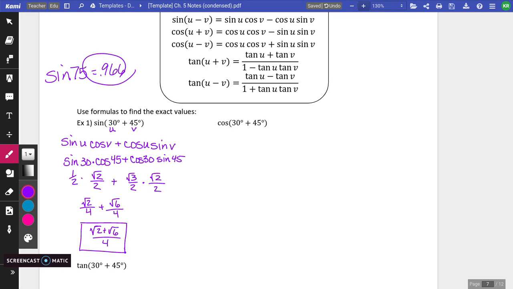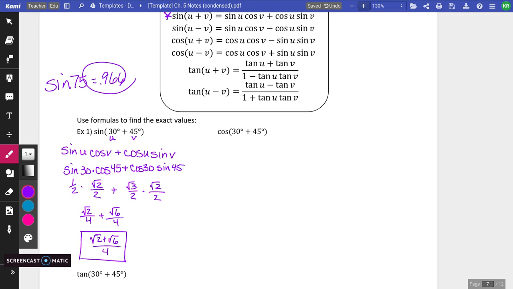Okay, so I can find the cosine then of a 75-degree angle, and this time I'm going to use cosine, so u plus v, so 30 plus 45. Again, I'm just going to jot down what the formula is. I'm going to use 30 degrees as my u, 45 degrees as my v.